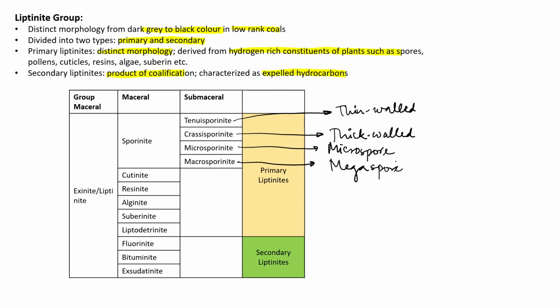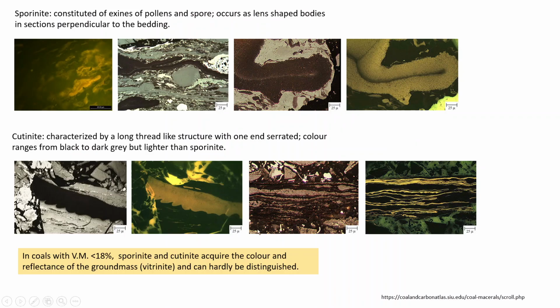Then cutinite, as the name suggests, is formed from cutin, which forms the outer layer of the leaves. Resinite is formed from resins, alginite from algal material, and then suberinite is the cell structures of the bark or the roots, and then leptodetrinite is the detrital part of liptinites. So if you see over here, the sporinite is constituted of exines of pollens and spores.